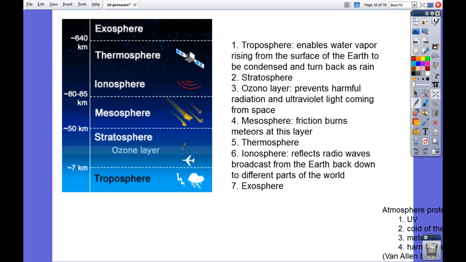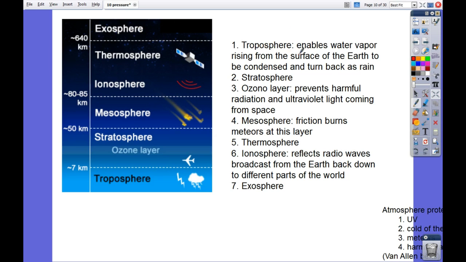Above that there is the ozone layer that protects us from ultraviolet. Above that there is the stratosphere. Next there is the mesosphere. Next there is the ionosphere, which reflects radio signals from the earth back to the earth. And there is the thermosphere. After the thermosphere there is the exosphere.